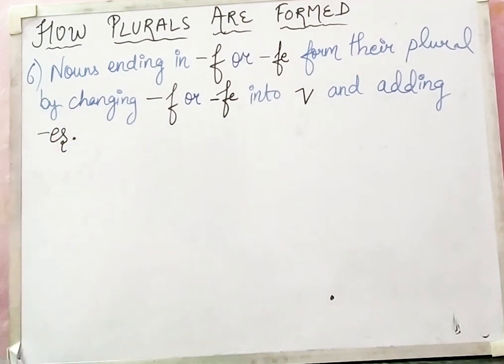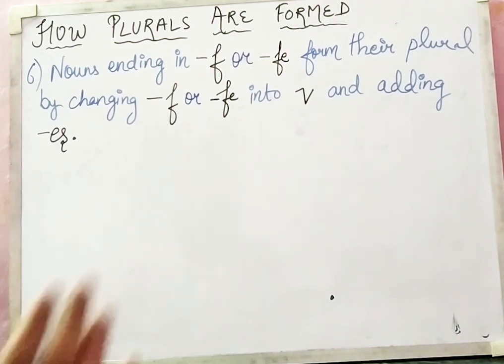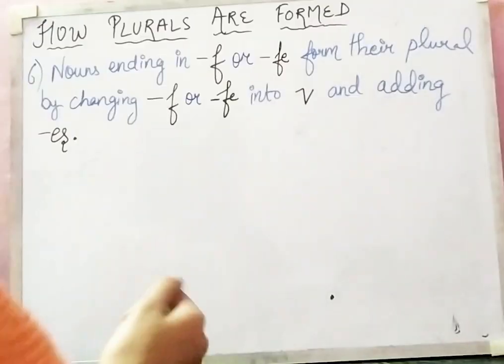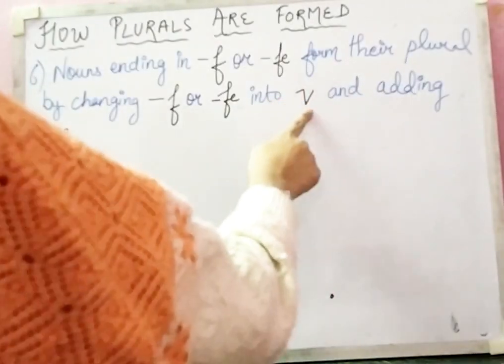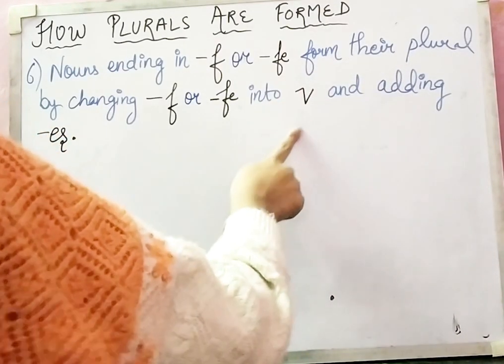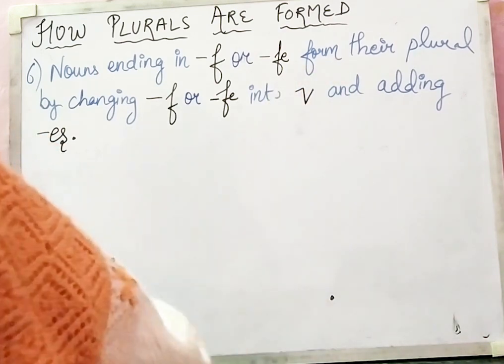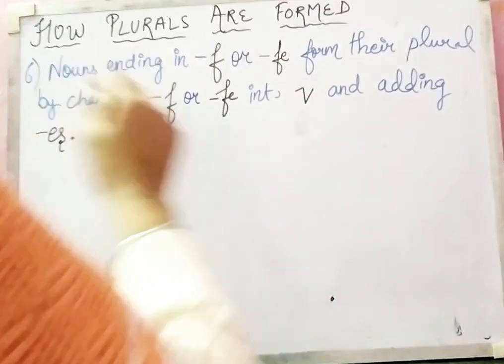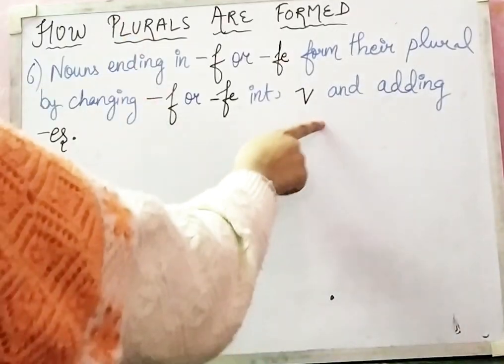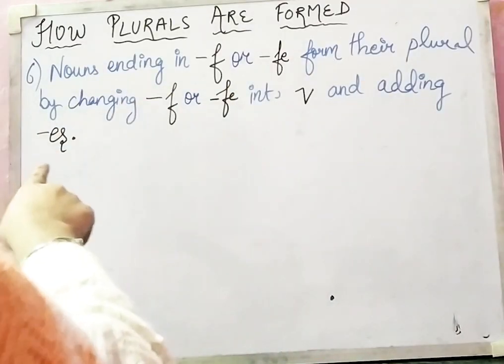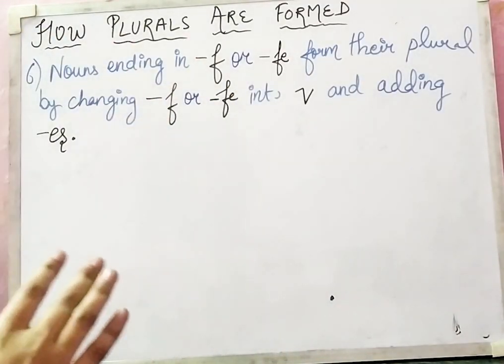Means in the previous fifth point we have added es, we have replaced y, means instead of f or fe there is y in that fifth point, we have replaced that y with I, means instead of I there is v. So instead of I there is v and then adding es. Es is similar in both the cases.